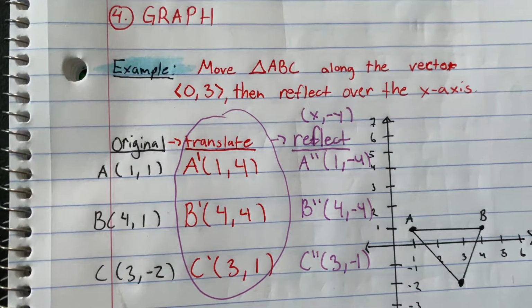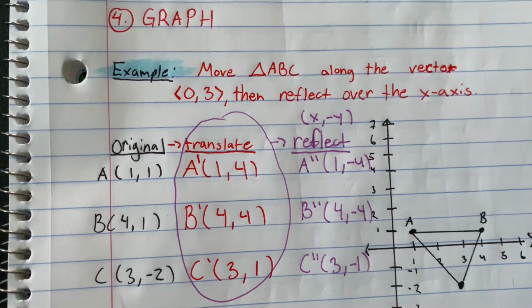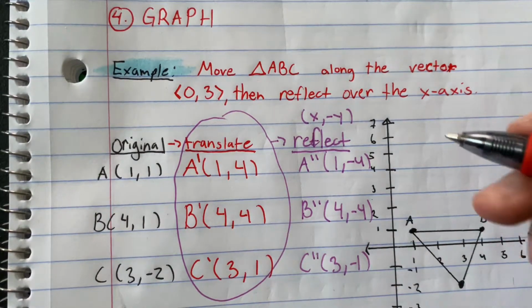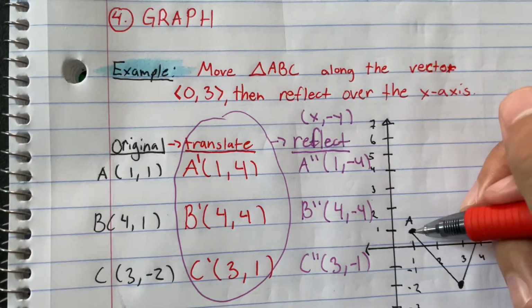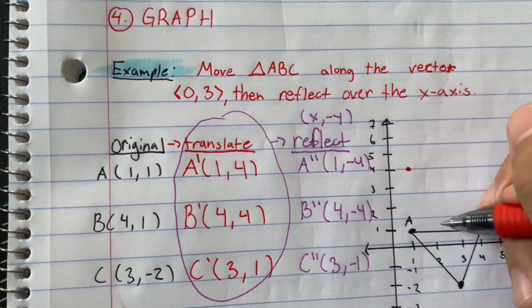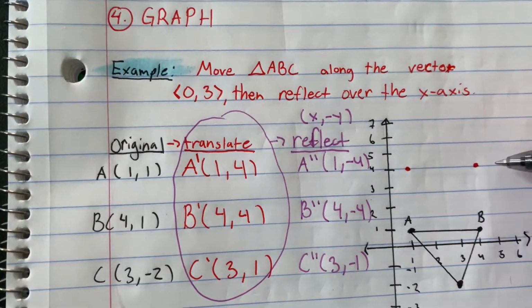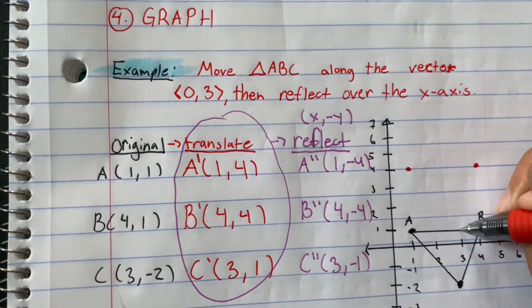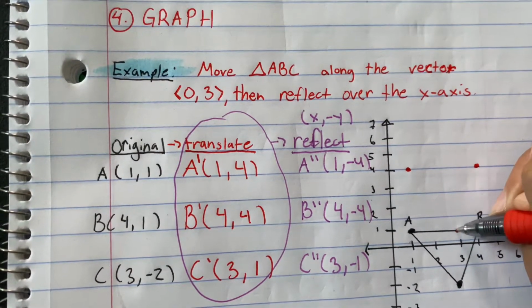Okay. Now that we got that, now we can just start plugging in the values. So I will do this one first so we can see how it changes. So we have 1 and 4, 4 and 4, and then 3 and 1.